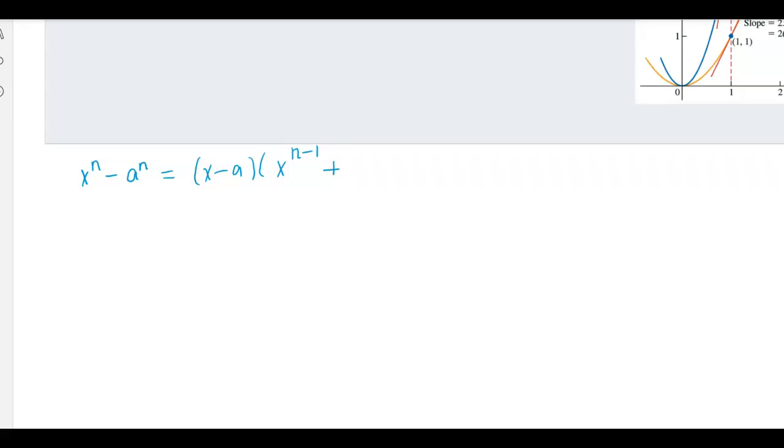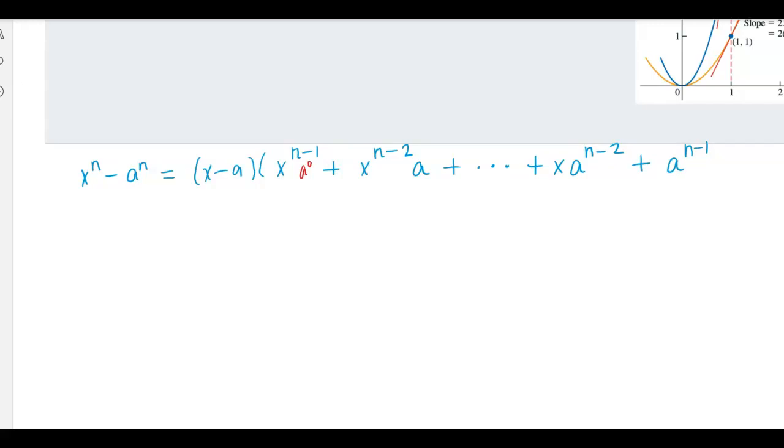And then in the next term, the power gets dropped down again, but then we add a to the first power. Technically, I'm not writing it, but there's a to the 0 power here. And then we continue on this way, and then we'll come up with x to the first power, a to the n minus 2 power, and then a to the n minus 1 power.